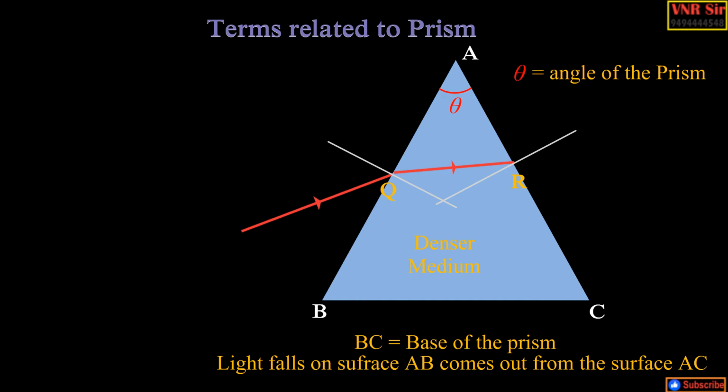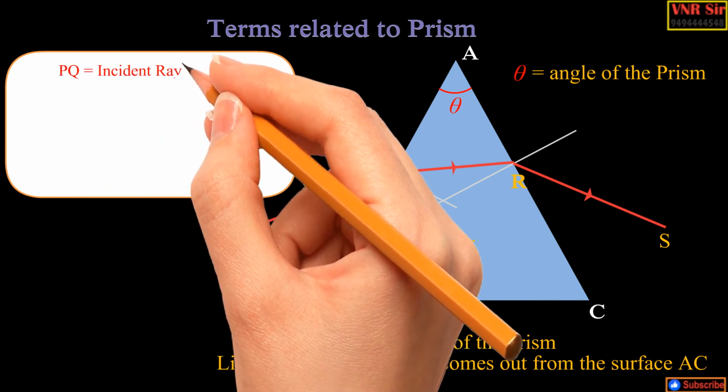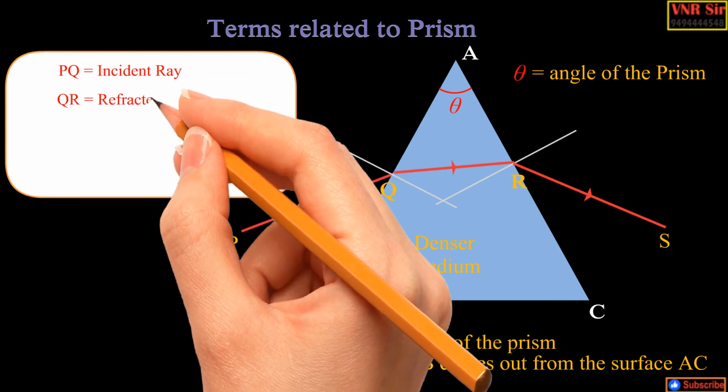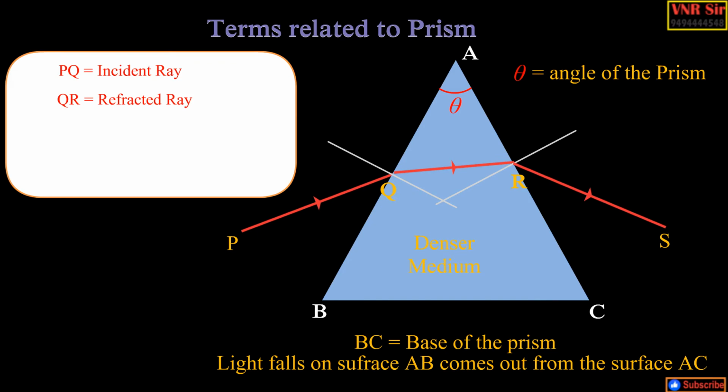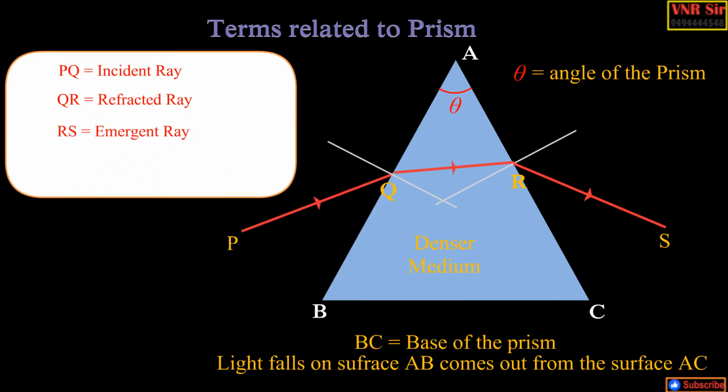Now the light ray is going from a denser medium to a rarer medium, so it bends away from the normal. The final emergent ray is RS. Here PQ is known as the incident ray, QR is known as the refracted ray, and RS is known as the emergent ray.